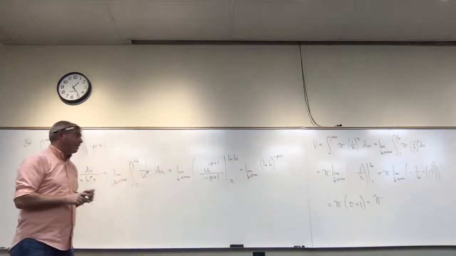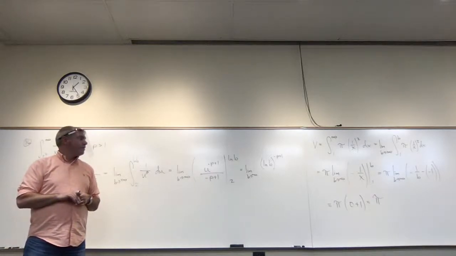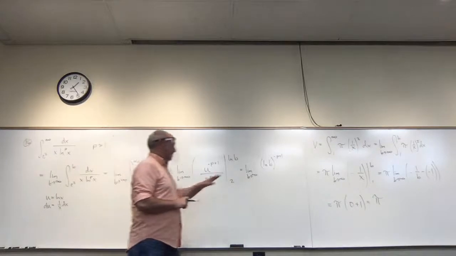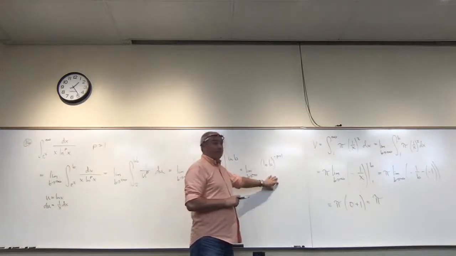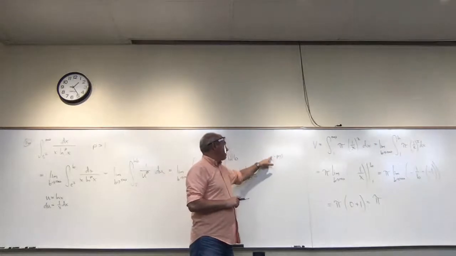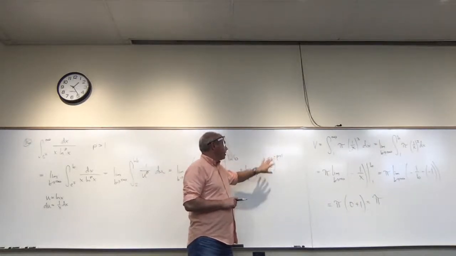By the way, negative p plus 1, what can you tell me about that number? It's negative. And I think that that's important because it means it's actually on the bottom, right? If this is a negative exponent, and we know it is because p is bigger than 1, then this thing actually goes on the bottom.